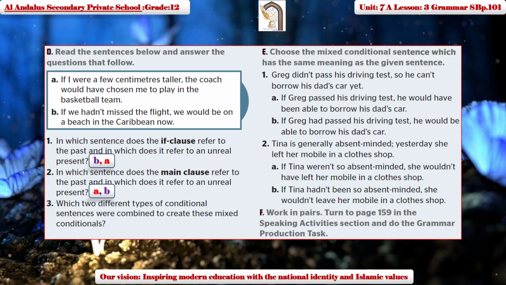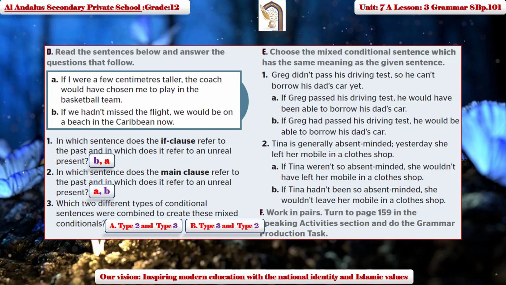Now, let's deal with question 3. Which two different types of conditional sentences were combined to create these mixed conditionals? Very good answer. In sentence A, we used type 2 in the condition and type 3 in the result clause or the main clause.